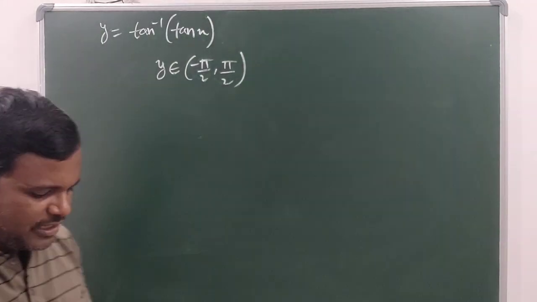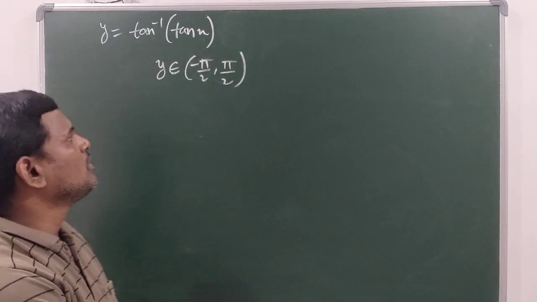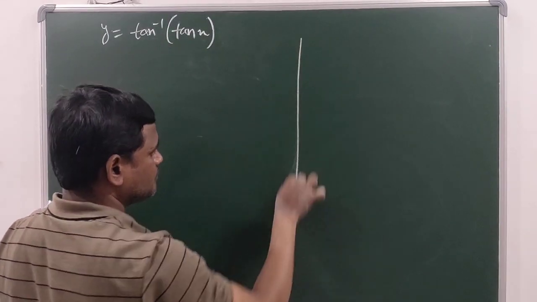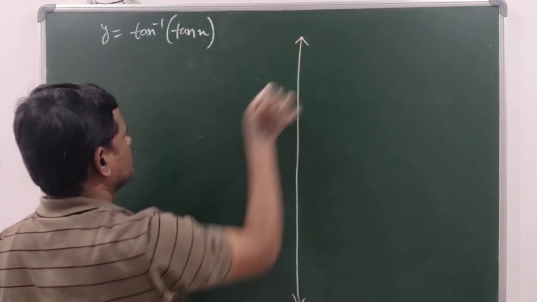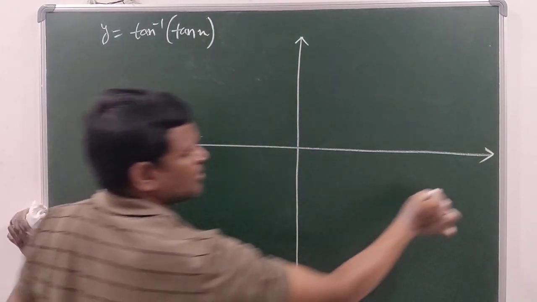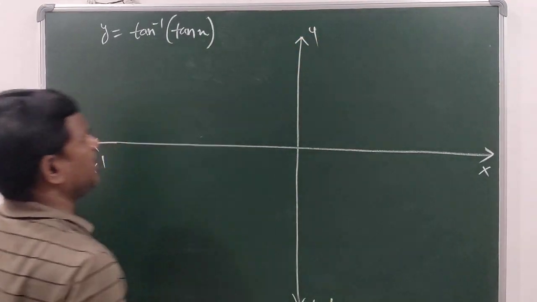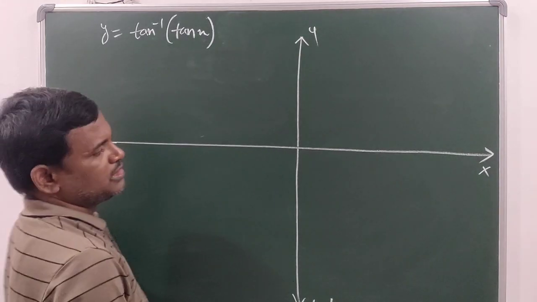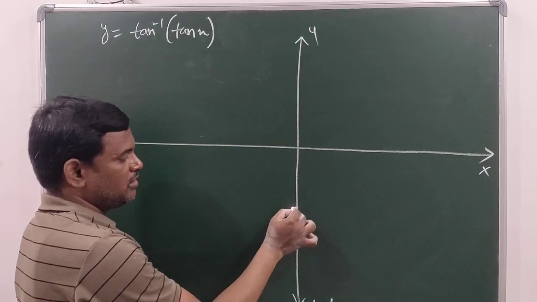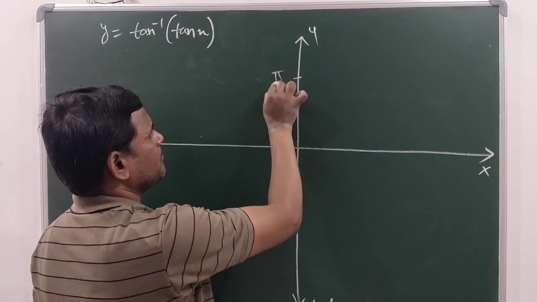Now observe this y equal to tan inverse of tan x graph. X dash, y dash. Y belongs to minus 90 to 90 on the y axis. So here you take minus 90 on the y axis, here plus 90.